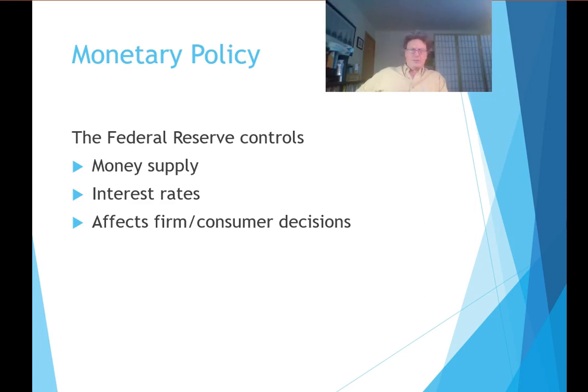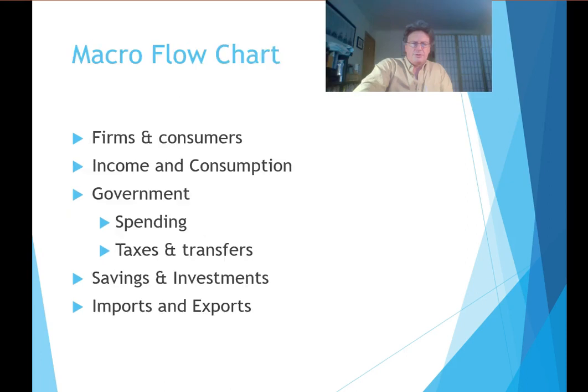They control the money supply and interest rates, and of course what interest rates are affects decisions consumers make about what to buy, especially things like housing and big ticket items they'd have to borrow for. But also of course firms as well. Businesses take loans to expand all the time, so that's a big part too.